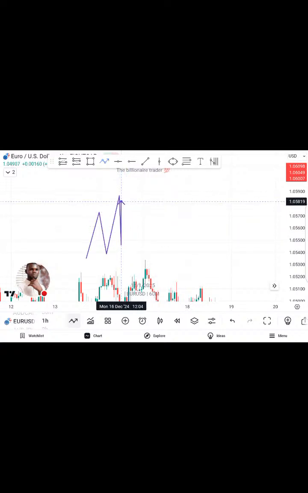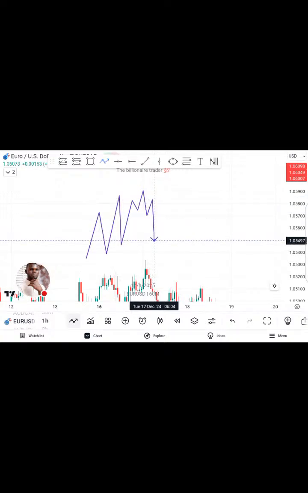But price reacts to the supply zone before breaking the structure. After the break of structure, if we have a change of character after the reaction, we can actually pick the trade from this area and take it lower.